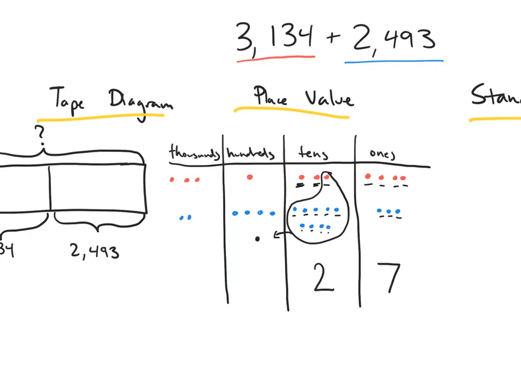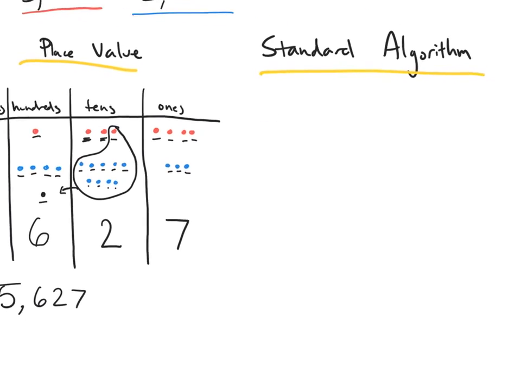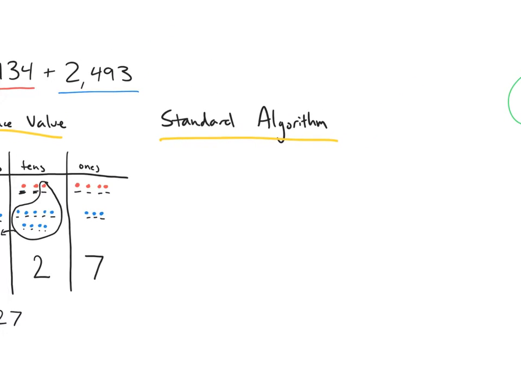Moving over to my hundreds place, I have 1, 2, 3, 4, 5, 6 hundreds. And then over to my thousands place, I have 1, 2, 3, 4, 5 thousands. So I get my final answer of 5,627.